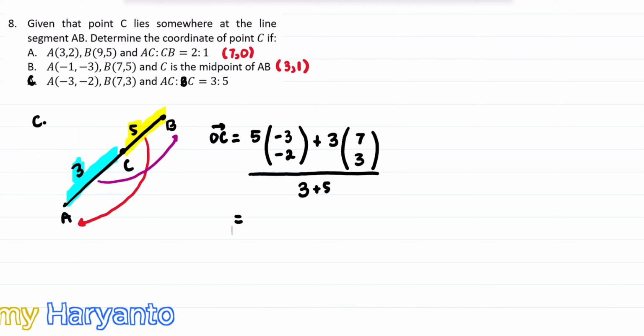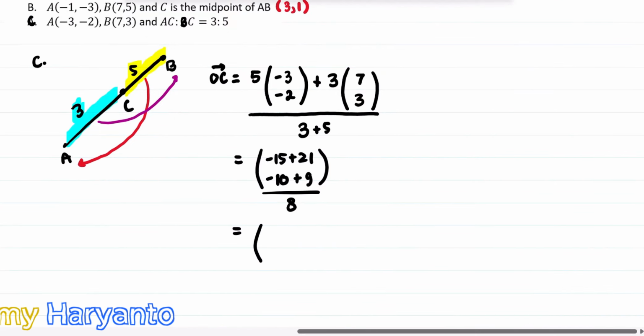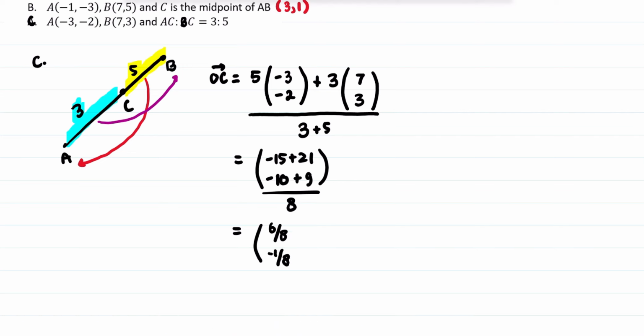Then just calculate it all together. You'll have negative 15 plus 21, negative 10 plus 9, divided by 8. So it's 6 divided by 8, and also negative 1 divided by 8. There you go.